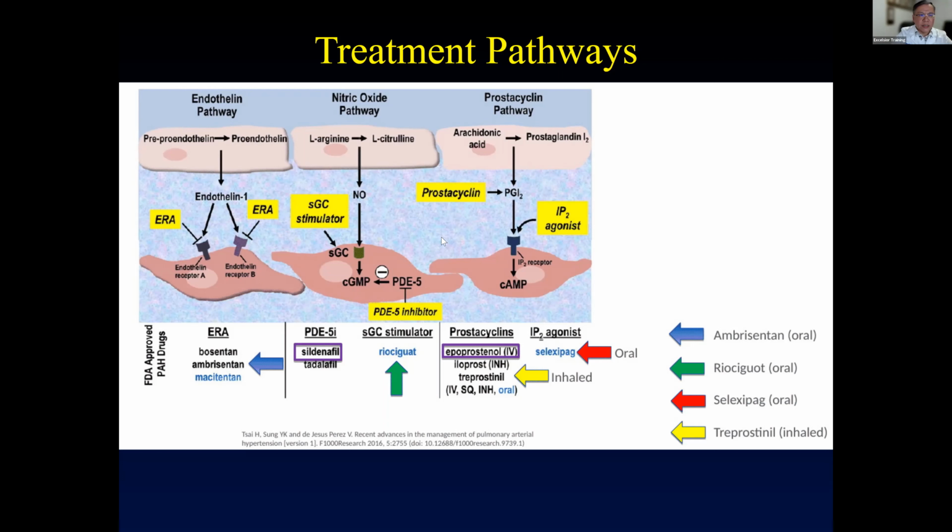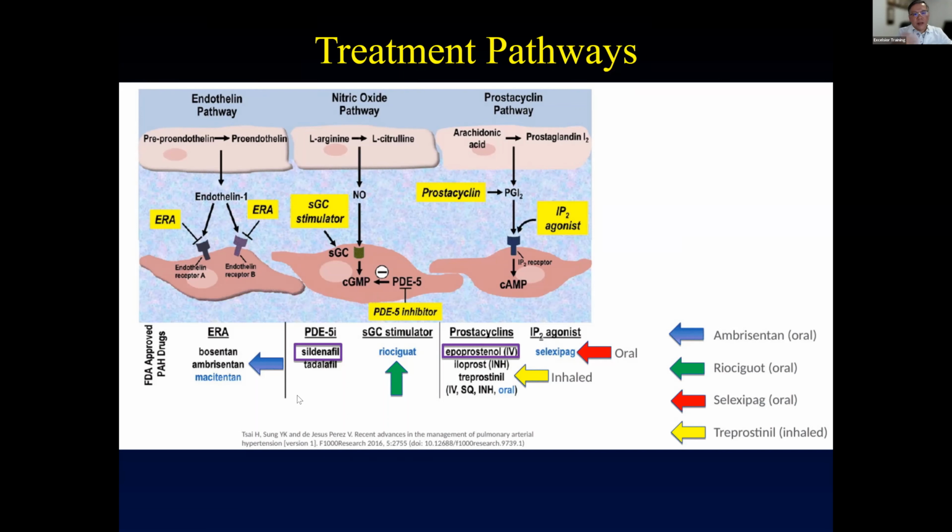There are many drugs available. Some of them that we're familiar with, like sildenafil and tadalafil, belong to the nitric oxide pathway. Some of them you're not very familiar with, but they've been around quite some time, like bosentan, ambrisentan, macitentan. They've been proven to be very useful to treat patients early to prevent the progression of the disease.